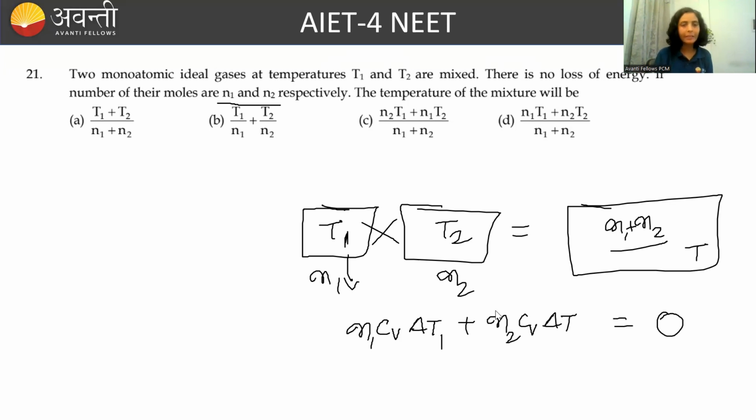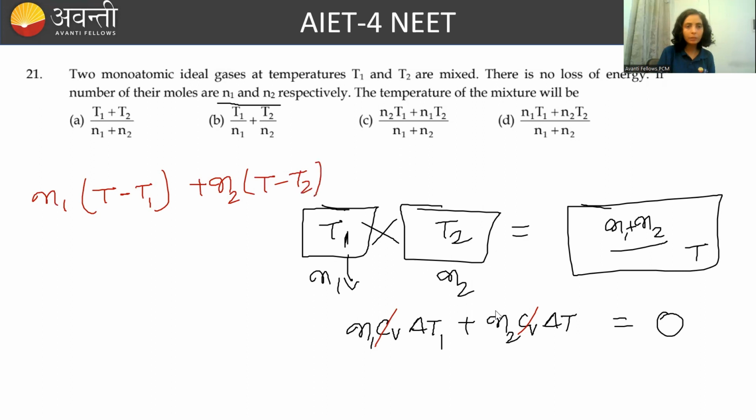This is the logic, right? Now we simply need to solve it. Nothing else now we need to do. So CV is same for both gases because they are monoatomic. Cut it. Now N1 into T minus T1 plus N2 into T minus T2 equal to 0. So if you write here N1T minus N1T1 plus N2T minus N2T2.